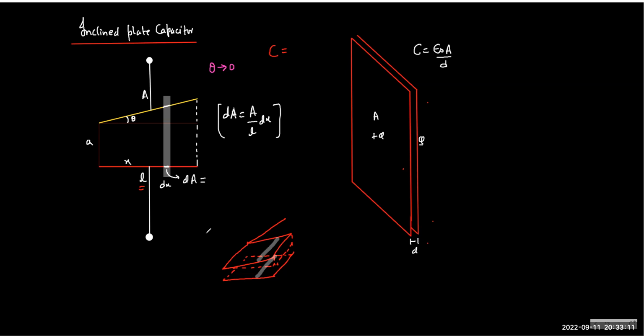So if dA equals A by L into dx, now we can write the capacitance of this tiny plate area, dC. So how to write dC? Epsilon naught dA by the separation. Can we call the separation y?